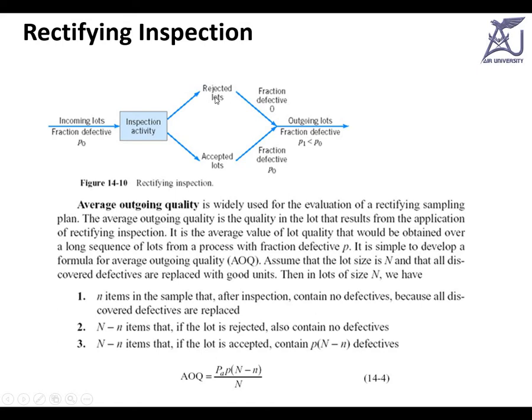So the rejected lots are the ones which have been rejected, but now you are going to do some corrective action. You are going for rectifying action. You are throwing away the bad components and replacing them with good ones.